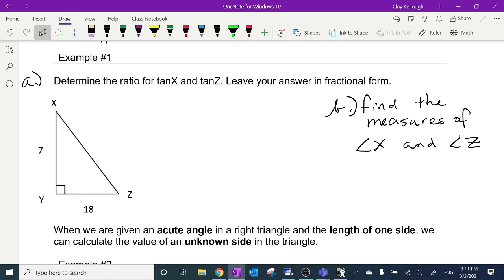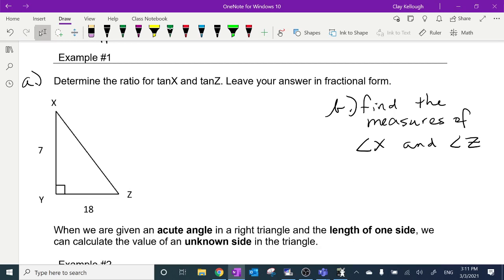Okay, we can answer the A question without punching any buttons because we just want the ratio. If angle X was 45 degrees, those 2 sides would be the same. Right now it's 18 and 7 instead of 18 and 18 or 7 and 7. So it's definitely not 45 degrees. We'll find out how much it is in a second.